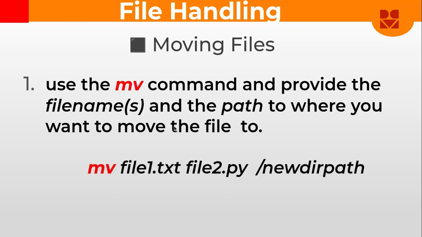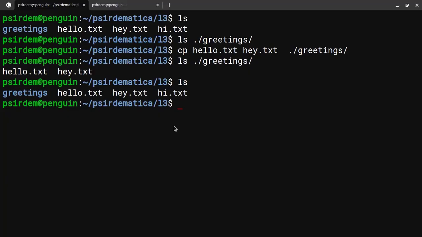So move file 1, file 2, whatever, and then you indicate the path where you want to put it. So similarly we can decide to move. So let me create a directory called bin, right?